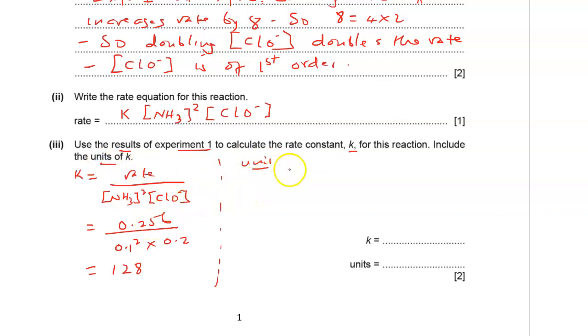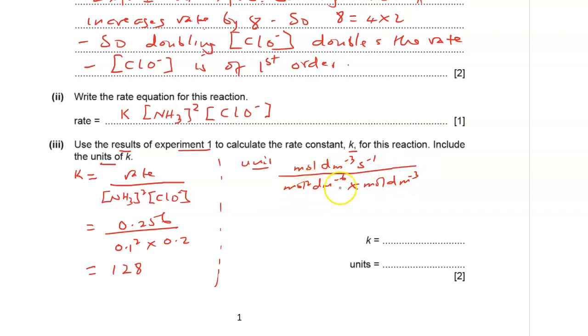So for the first one, we know moles per liter per second is the unit of rate, divided by concentration, which is moles per liter. For ammonia, that is moles squared dm raised to power 6 times moles dm cubed.